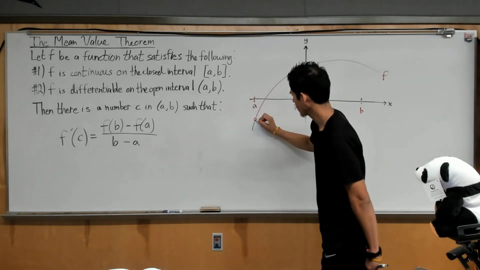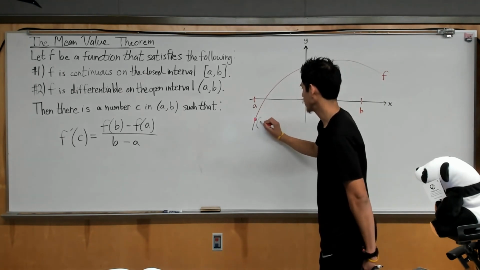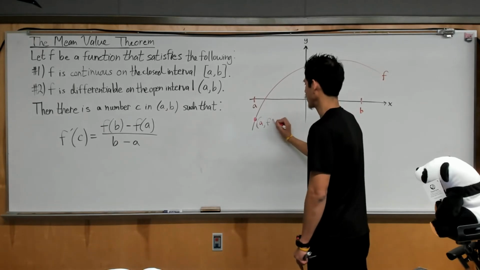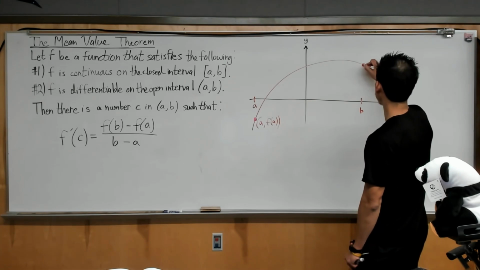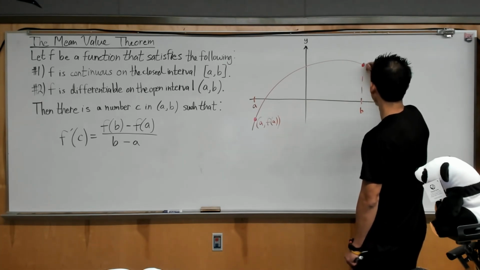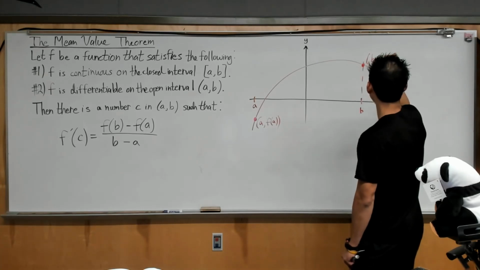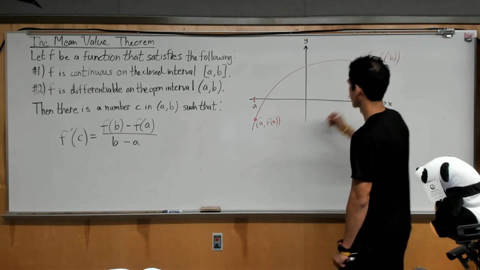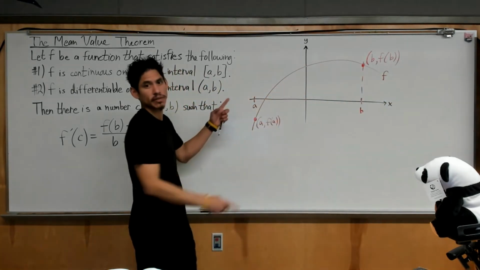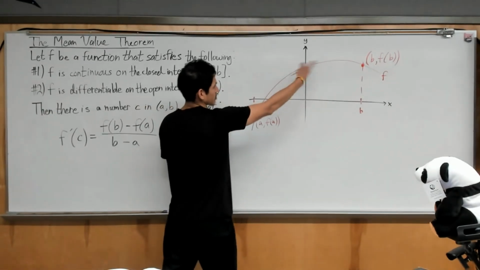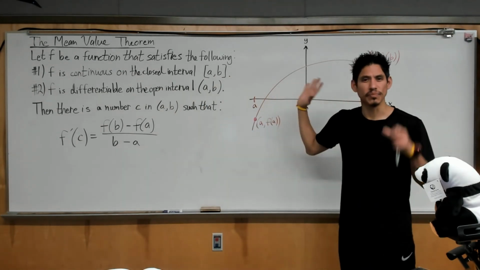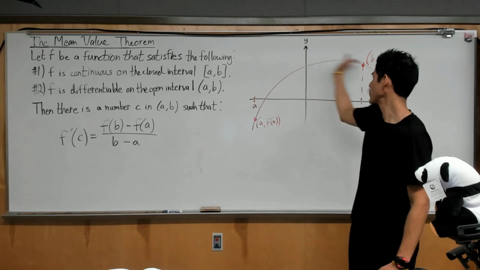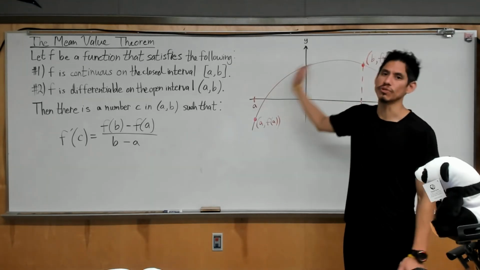On this graph, this will be about a comma f of a, and then b comma f of b is going to be somewhat over here, right? So it's continuous. As you can see, there's not any holes or gaps, and it's differentiable, which you can basically just eyeball by checking its smoothness. So basically, if it's smooth, it's going to be differentiable.